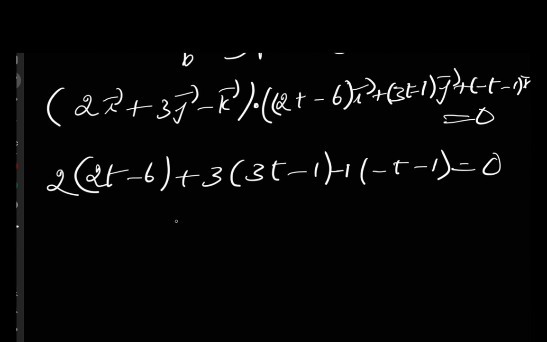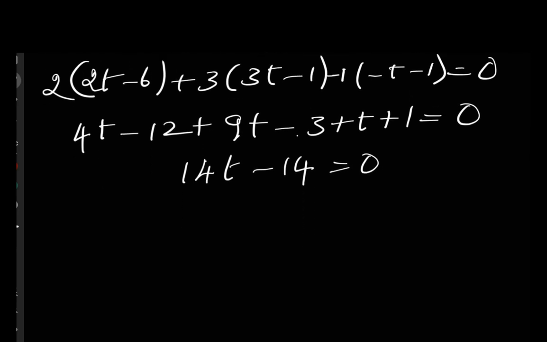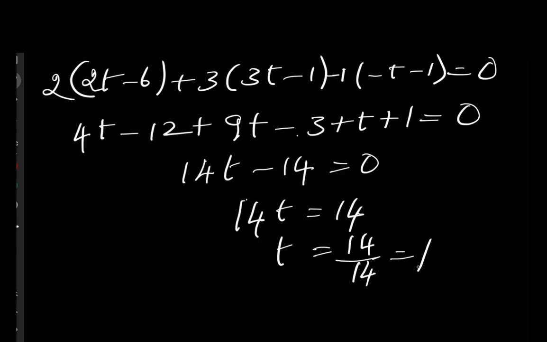So 4t minus 12, plus 9t minus 3, plus t plus 1 equals 0. So 14t minus 15 plus 1 minus 14 equals 0, so 14t is equal to 14, and t is 14 by 14 equals 1.